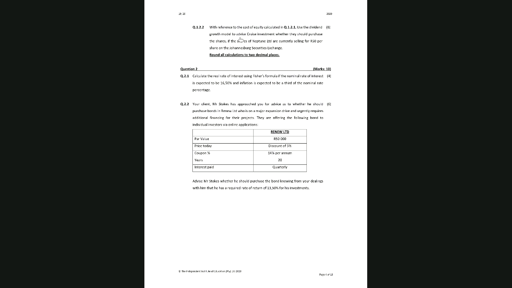How does that compare to the 50 Rand that it's currently trading at? Then you're going to say, yes, buy it because 50 Rand is cheap, or no, don't buy it, 50 Rand is expensive compared to the answer that I got in the above calculation. So don't forget to give that conclusion as well, because there's one mark allocated.